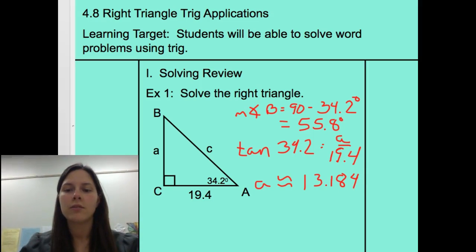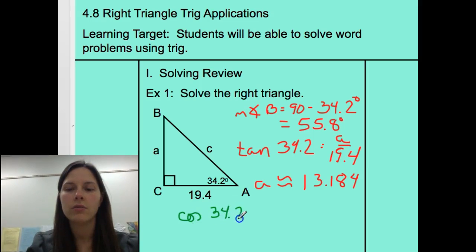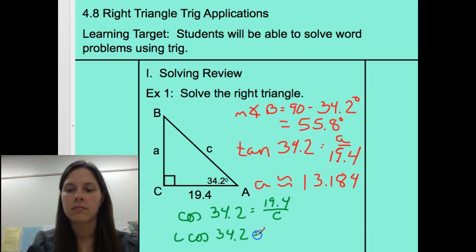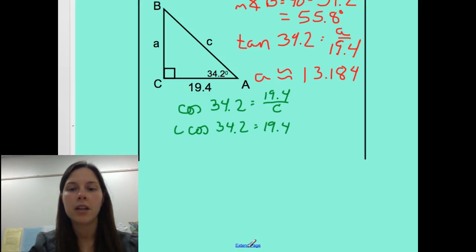And lastly, we're going to solve for C. Again, I'm going to go back to angle A. This time I have the adjacent and I'm looking for the hypotenuse. So I will use cosine of 34.2 equals adjacent over hypotenuse, multiplying both sides by C, and dividing by cosine of 34.2.